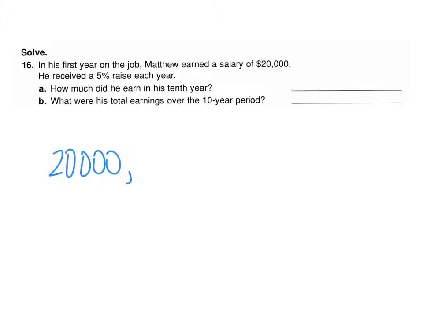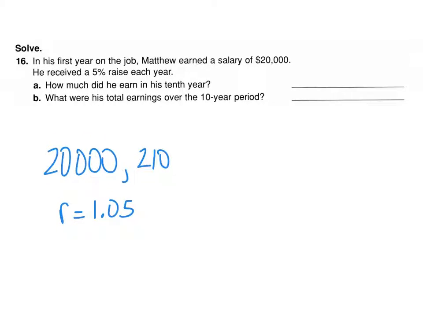In other words, we have to multiply by 1.05. If you just multiply by 0.05, you won't get the next term in the sequence. You'll just get the amount of his raise. So after making 20,000 in that first year, when you multiply by 1.05, you find out that he's making 21,000 the next year.